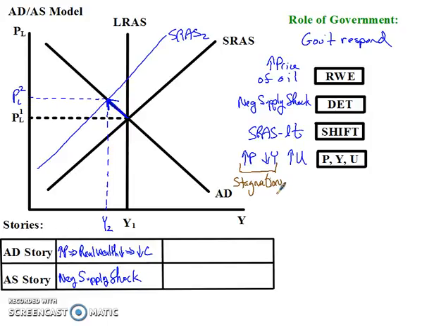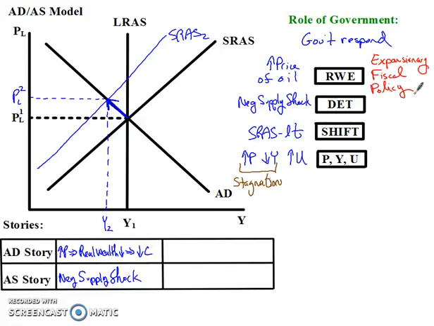The Keynesian answer, when you're going into a recession, is expansionary fiscal policy. You start to increase government spending and cut taxes. We're going to use the government to solve this problem.